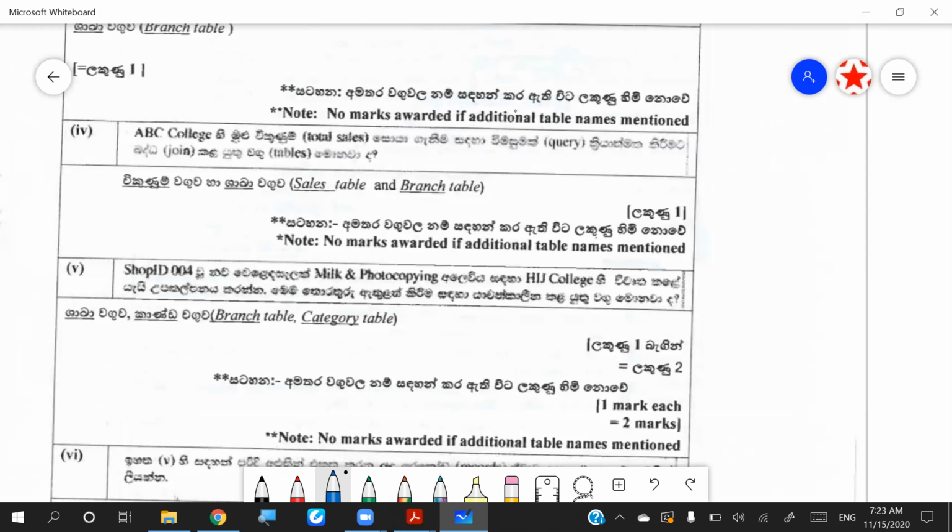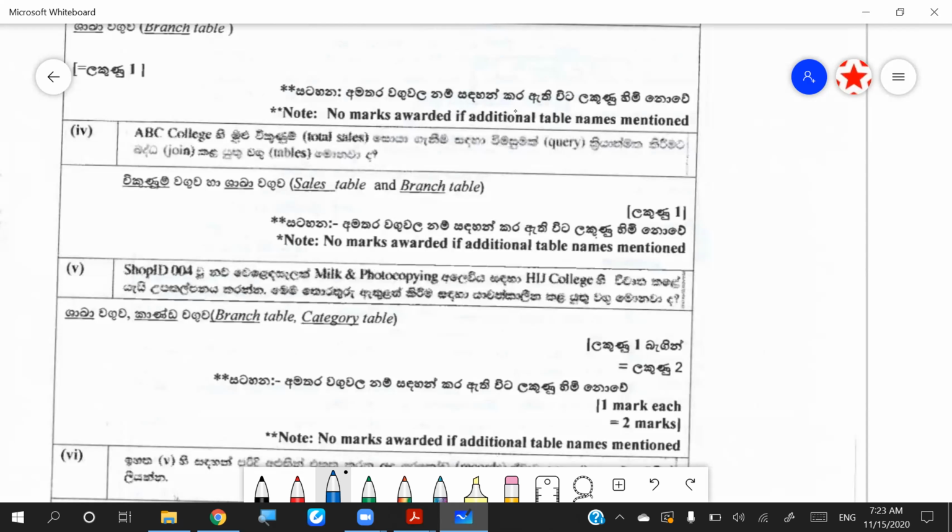So it is doing milk and photocopying sales. They're asking what tables need to get updated. Here you can see shop ID 004 does not exist in your shop table, so it is a new shop.